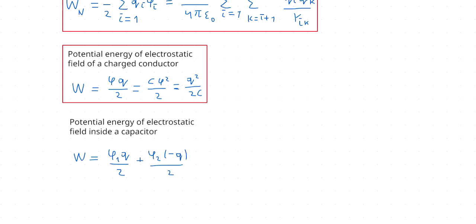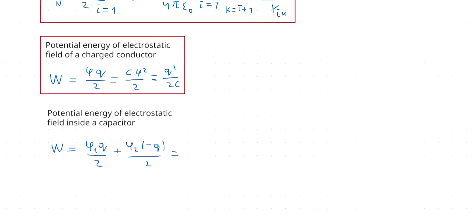Okay, and from here we have that it will be Q divided by 2 multiplied by phi1 minus phi2.